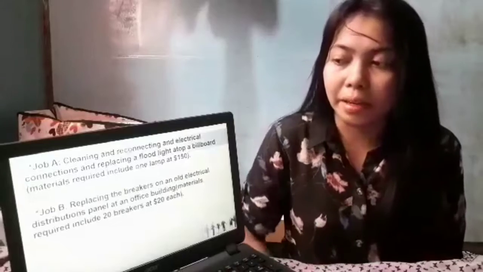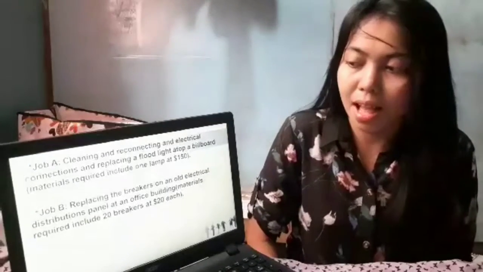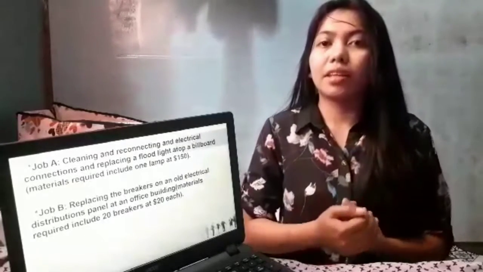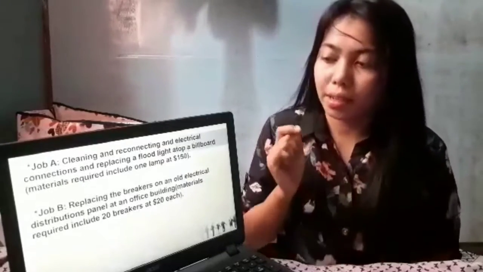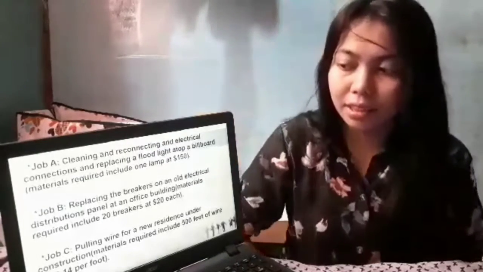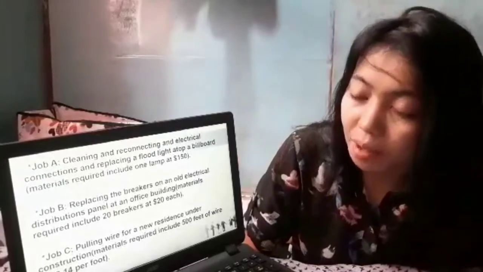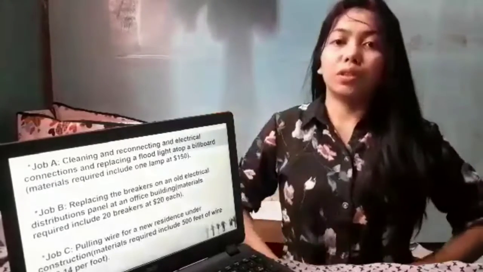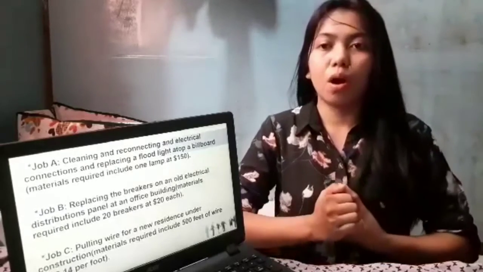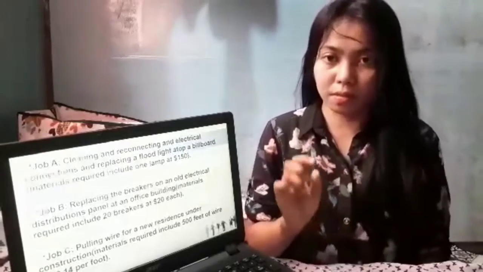Next is job B: replacing the breakers in an old electrical distribution panel at an office building. It's going to take 20 breakers at $20 a piece. And lastly, job C: pulling wire for a new residence under construction, using about 500 feet of wire that costs $0.14 per foot.